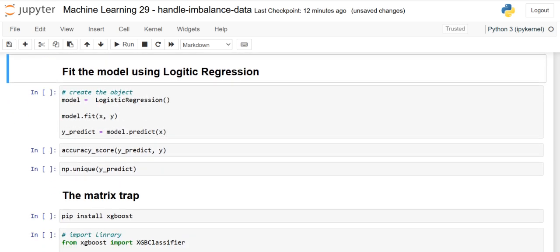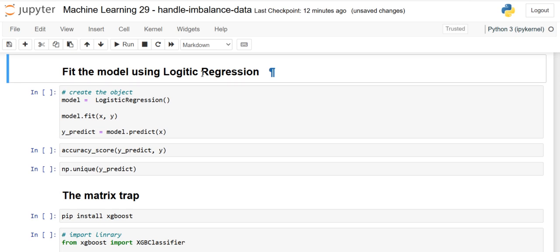Okay, now moving on to the model. In machine learning, we have three categories: supervised, unsupervised and reinforcement. Under supervised there are two main things: classification and regression.